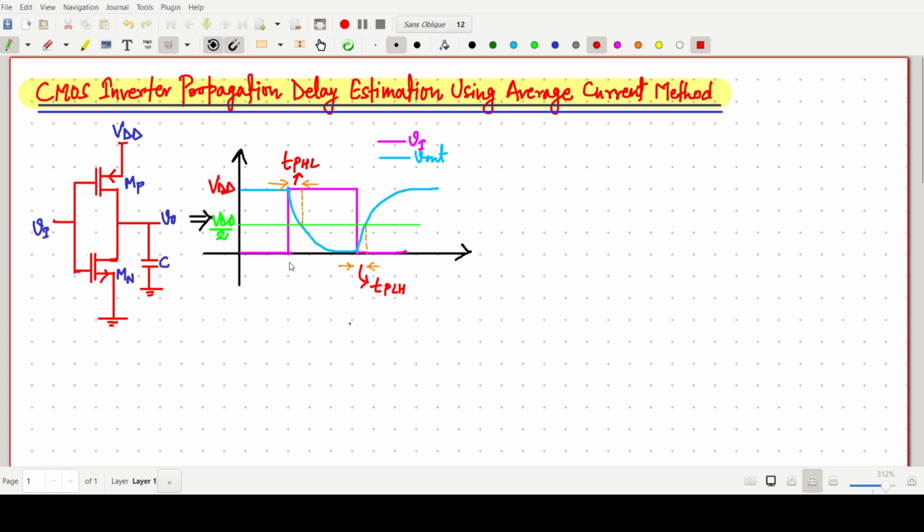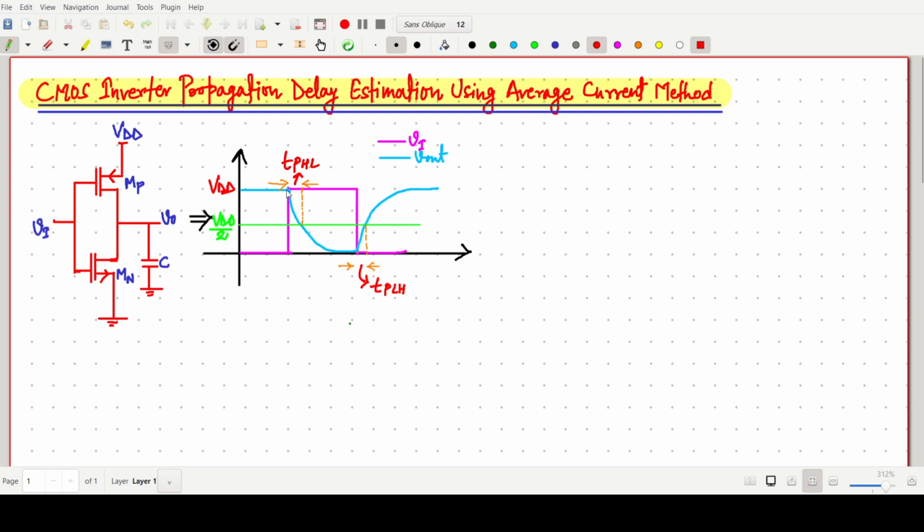Now we have to think about when the capacitor discharges. The time between when the output is at high and when it is at half is called the propagation delay from high to low, and this one is the propagation delay from low to high.